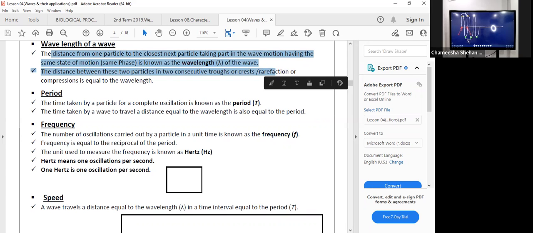That's the important thing. Wavelength means the distance between two consecutive particles in the wave which have the same phase.